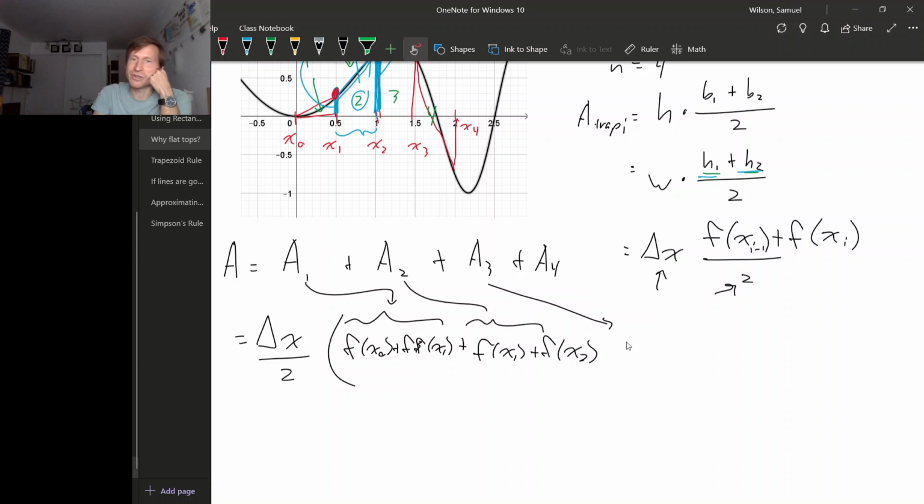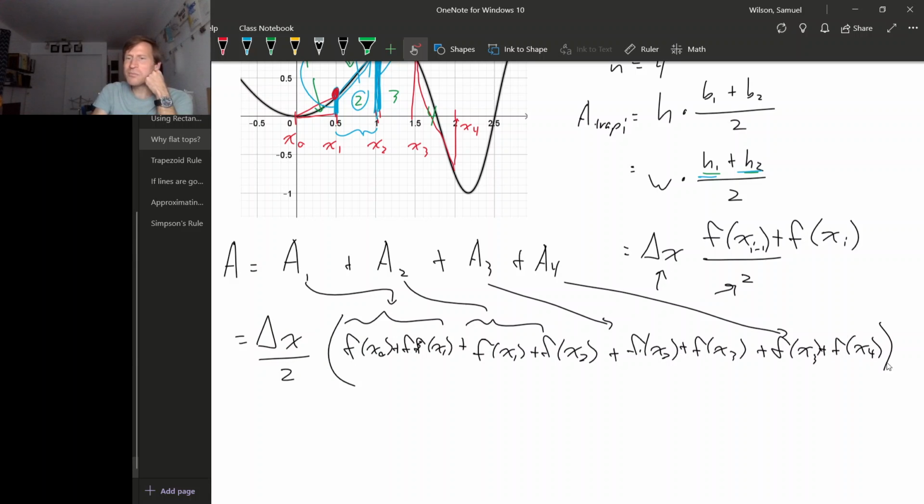And then for trapezoid 3, f of x sub 2 plus f of x sub 3. And for trapezoid 4, f of x sub 3 plus f of x sub 4. And something interesting has happened.